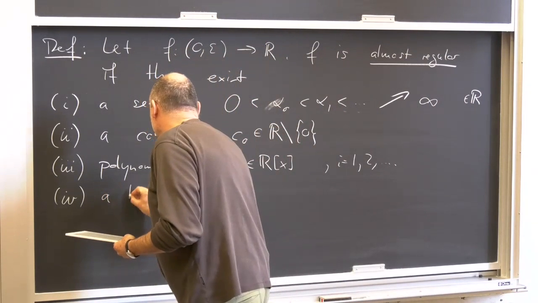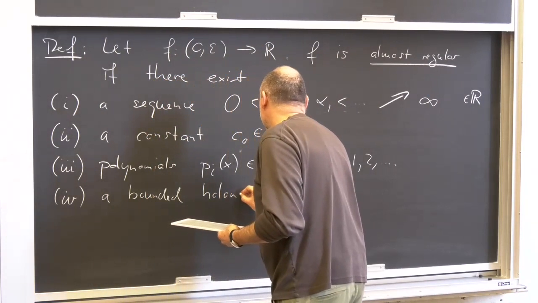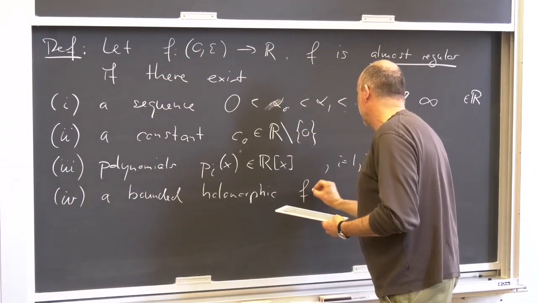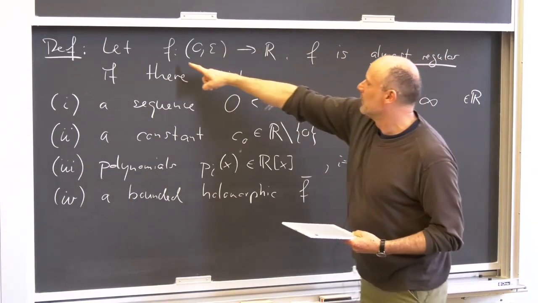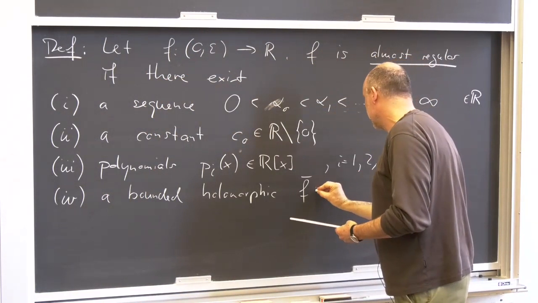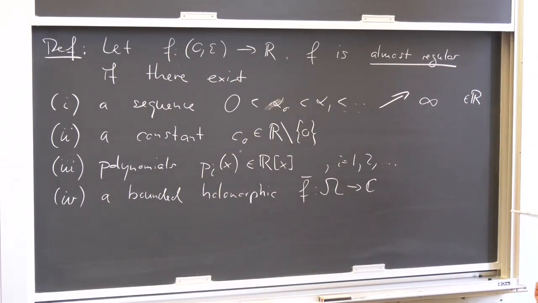We can find a bounded holomorphic function. Now I'm suddenly talking about complex analysis. I'm going to call this f bar. f is my real function, and f bar is going to be a holomorphic function defined on some domain omega, which I also have to specify.